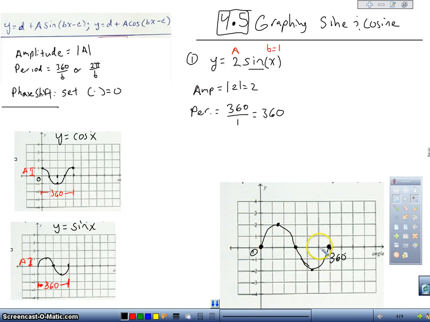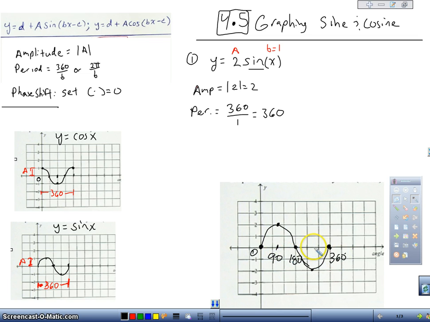And the other thing that I'm going to ask for you guys to do is to label some of these points on the x-axis, in particular these key points here, all the intercepts. So we got 0. The middle would be half of 360, which is 180. So these are 3 x-intercepts, and I also want the angle where the highest point happens, and in this case it is half of 180, which is 90.